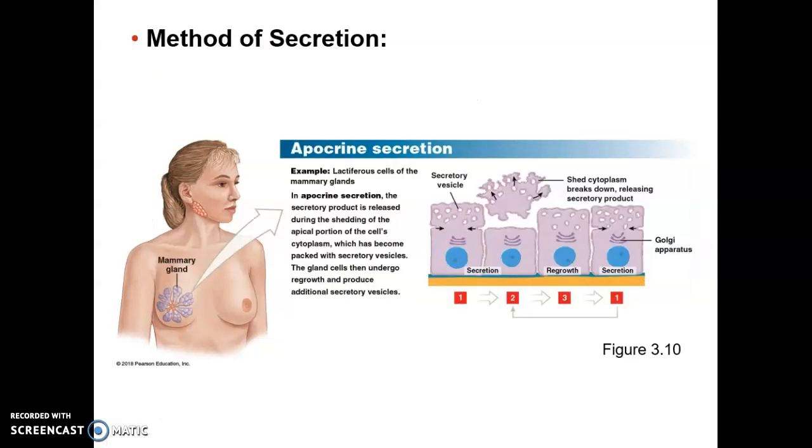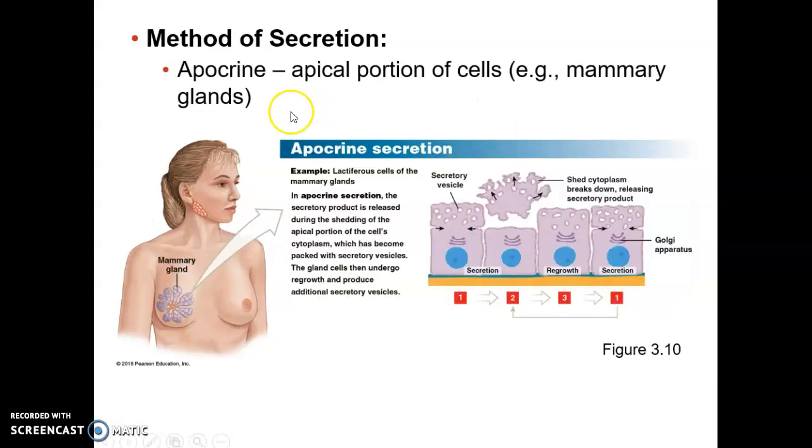Here we go. Another method of secretion is called apocrine secretion. So with apocrine secretion, the top portion, the apical portion of the cell, is actually lost along with the secretory vesicles. So it's like the cells sacrifice part of their cell, and that is sloughed off, so the secretory material along with a portion of the cell is secreted.